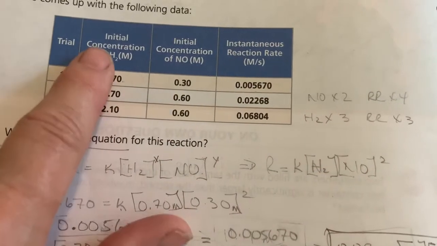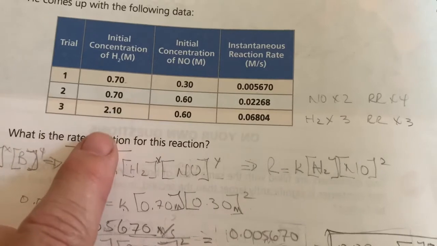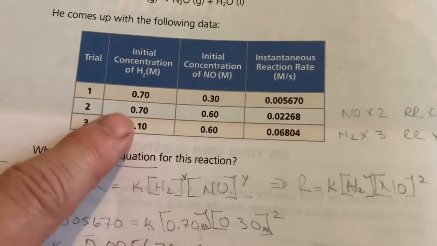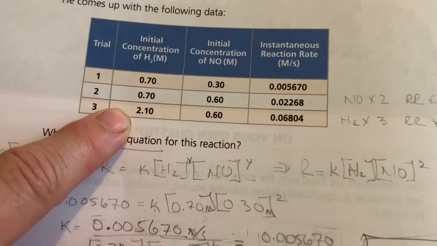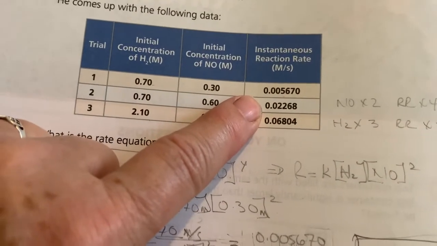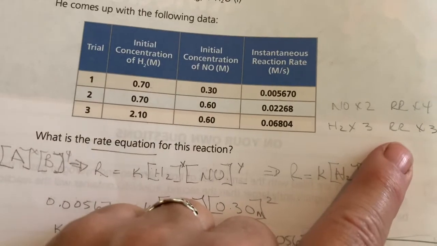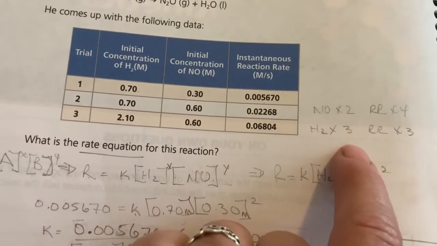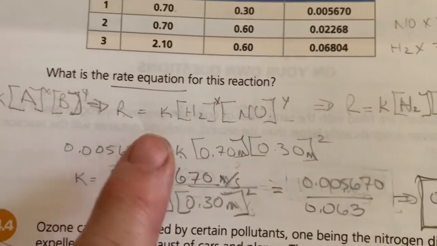So then we look at trial 2 to trial 3 when the H2 changes, and H2 goes from 0.7 to 2.1, so it is times 3. When we compare the reaction rate, it goes from this number to this number, which is a times 3. And we're told in the text that when the numbers match, they cancel out. So we can look at our equation here.